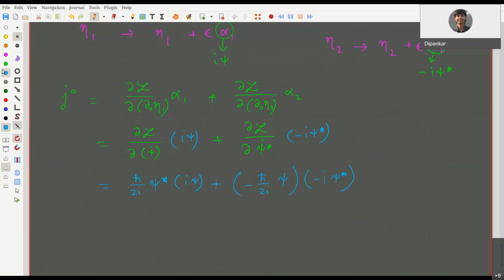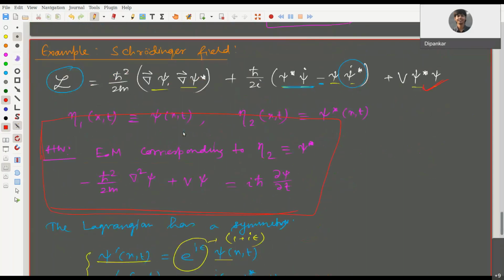Notice that both of them denote the same thing. You cancel out i and i here, and here you also cancel out i and i. What you are left with is h cross times psi star psi. So both of them are h cross times psi star psi.